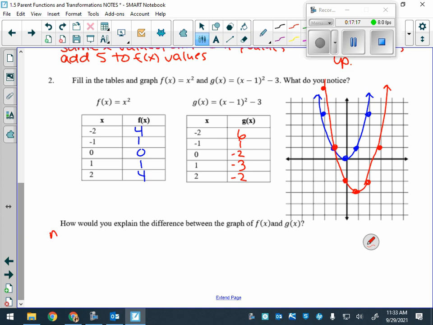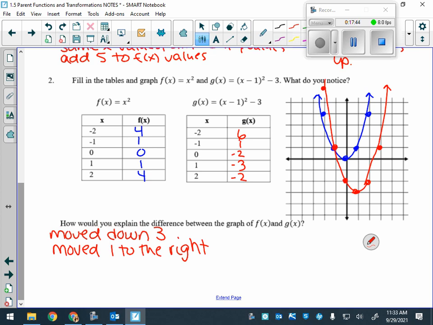Okay, so we moved down 3. Grace? Good. Moved 1 to the right. Can we combine those two and say something else as well? Yeah.